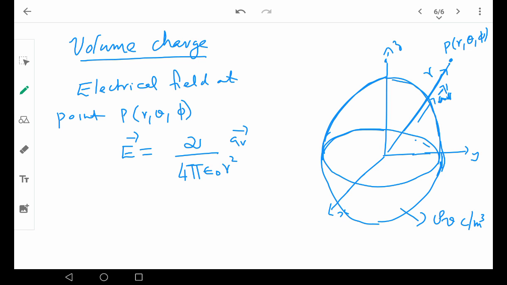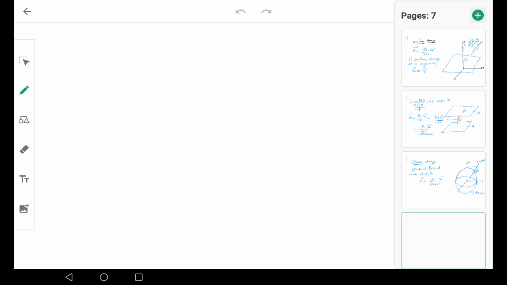Now we will do a simple problem. I will do the problem for this surface charge and a line charge. So we have a plane, two planes. We have an example here.